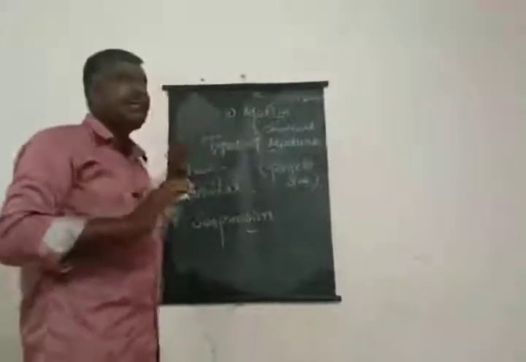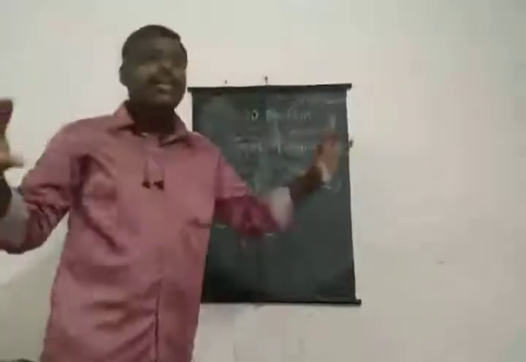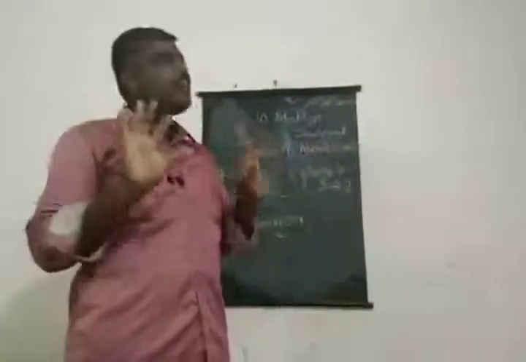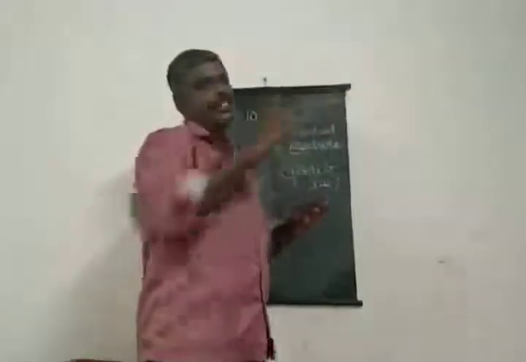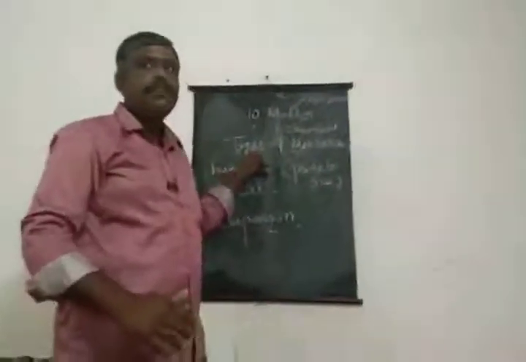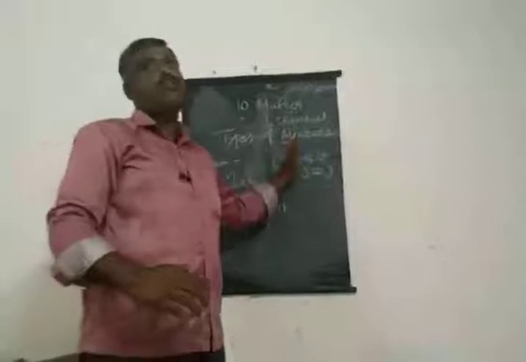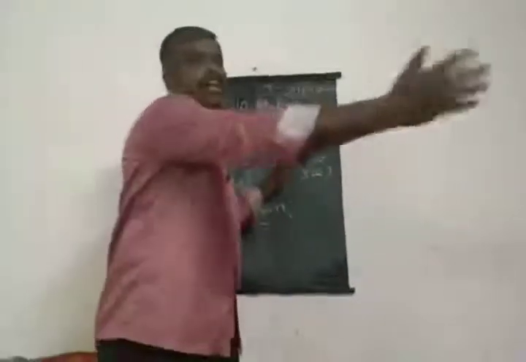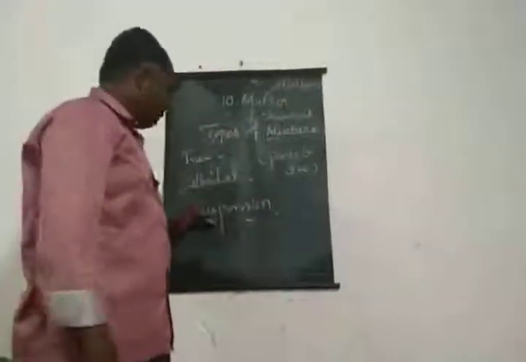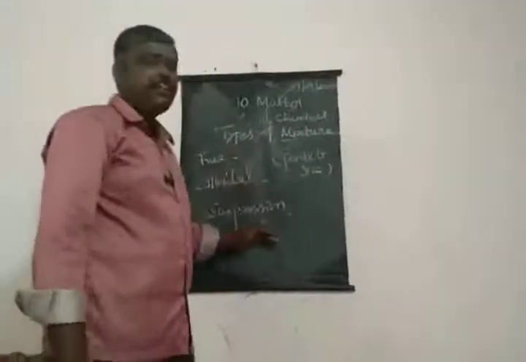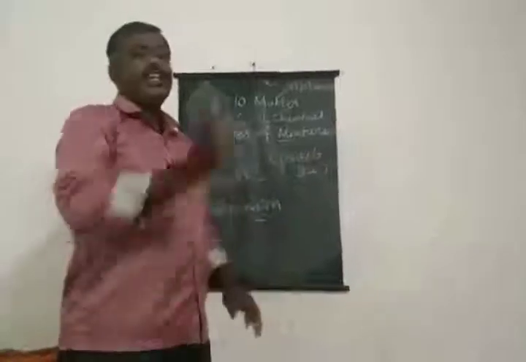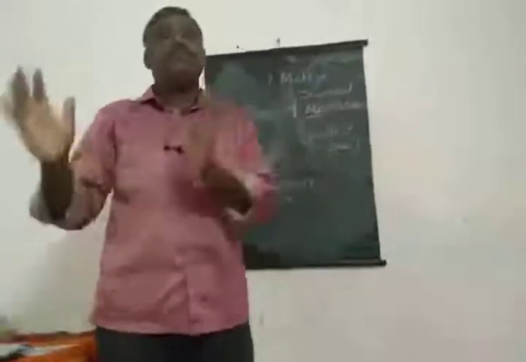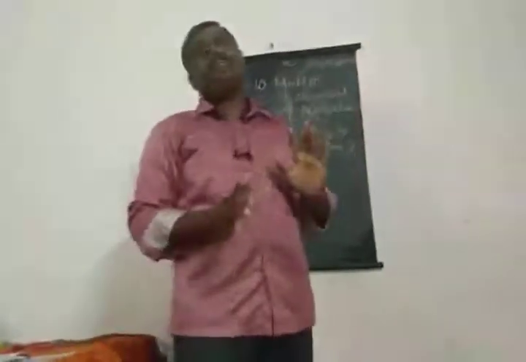Again, matter can be classified into two types broadly based on their chemical composition, not the physical composition. Physical means solid, liquid and gas. Based on chemical composition: element and compound, and on the other side, mixture. Now the definition for element, the definition for compound, and on this side the mixture definition. Again the mixture can be classified into two types, homogeneous mixture and heterogeneous mixture.